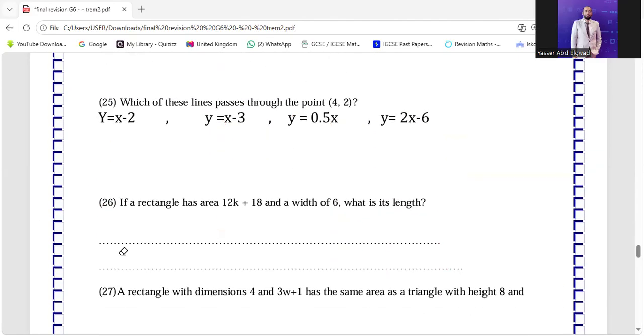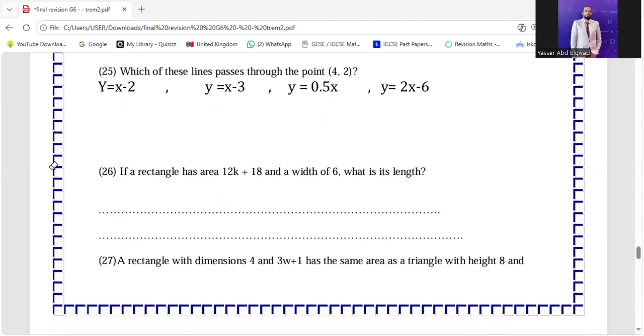If a rectangle has an area and the width of 6, what is the length?